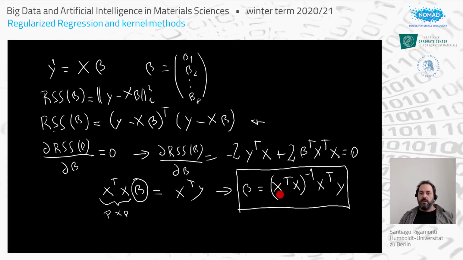Then we'll have here matrix multiplications and inversions, but one important thing to know is that x transpose is a matrix of dimension p times n, so the multiplication here will be a vector of length p, and this is a p times p matrix. So what you get here is just a vector of dimension p that are our parameters.